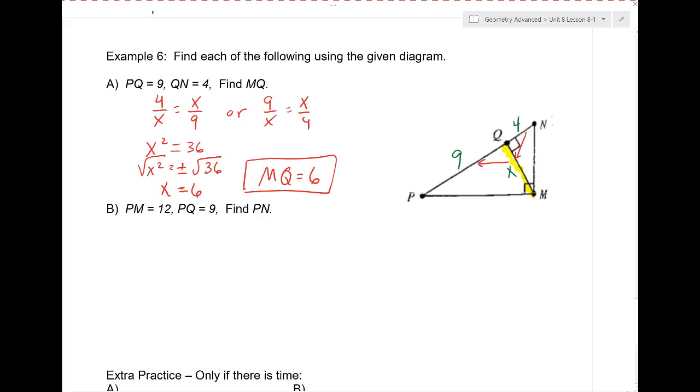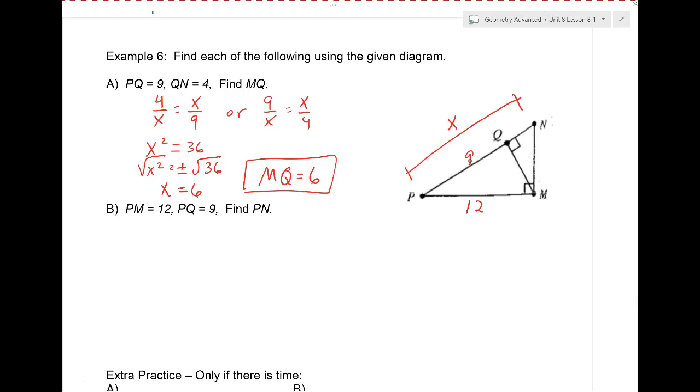Now, for the next one, we're going to label what we know again on this diagram, so I'm going to erase what I originally had here. Now I'm looking for the length of segment PN, the whole length of the hypotenuse, and they tell us PM is 12 and PQ is 9. I'm actually seeing a snail with this one, because we're going from the medium triangle to the large triangle.